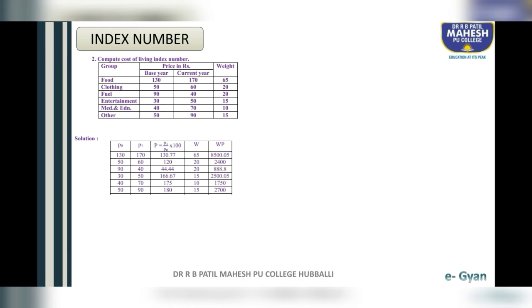Okay students, after finding this we want summation WP total. After finding W into P, you take the summation of this. So after adding, summation WP total is 18,738.9. And also you add W. Summation W total is 145. So now you substitute in the formula.